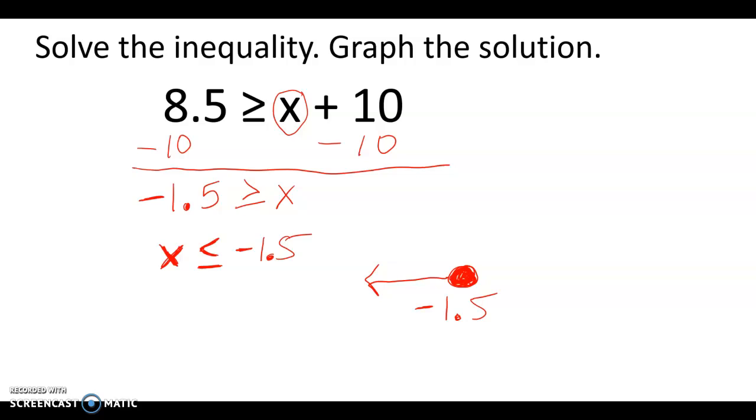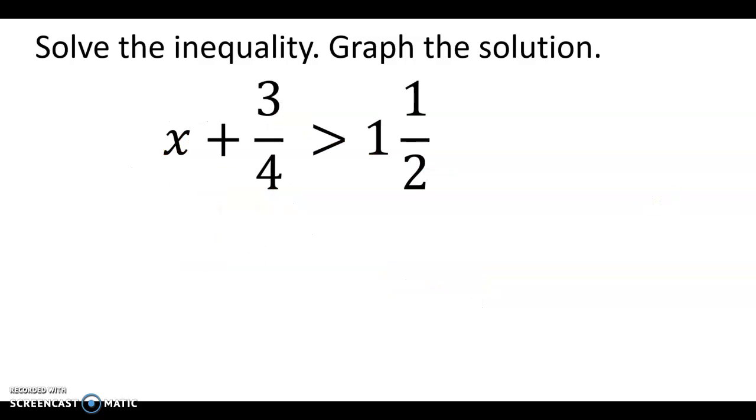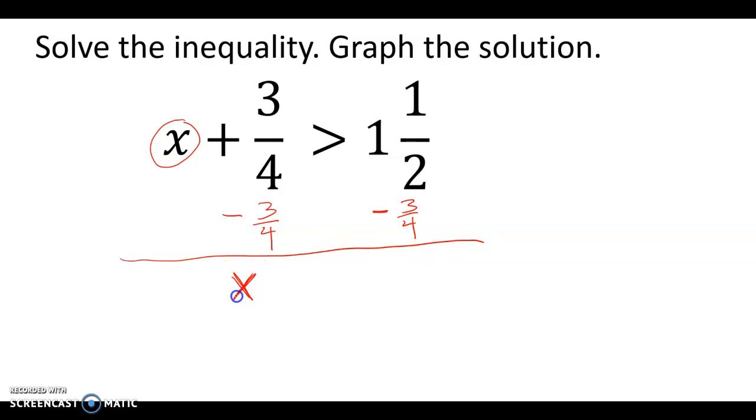All right, last one. Here's my variable term. Need to get rid of plus 3/4, so I go minus 3/4. Got to do that to both sides. So I get x greater than. So I have to go 1 1/2 minus 3/4.